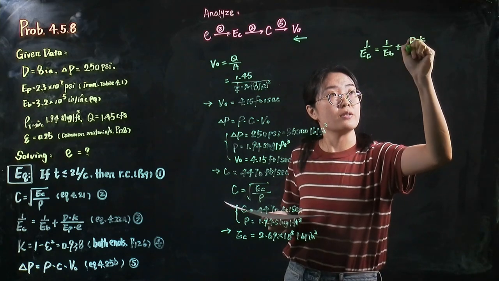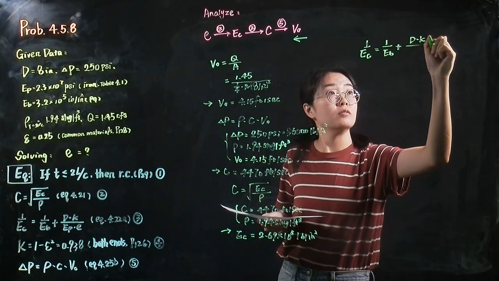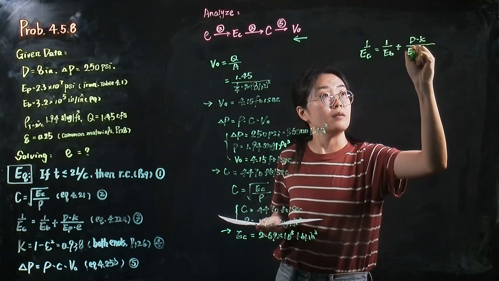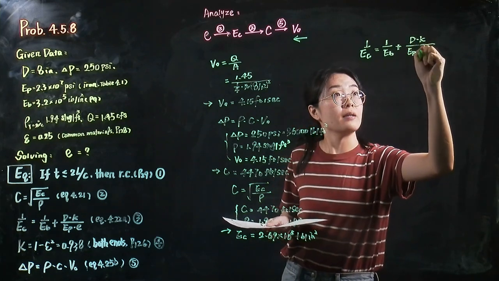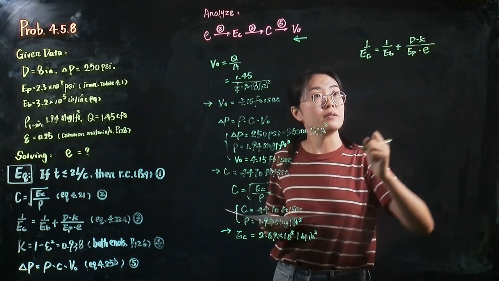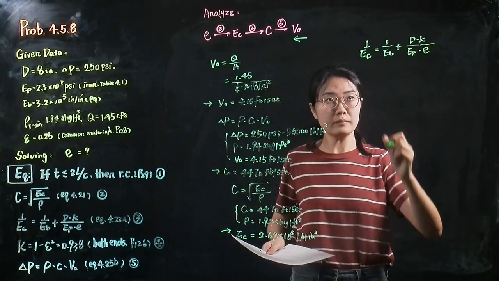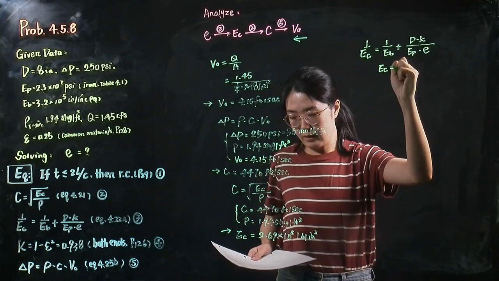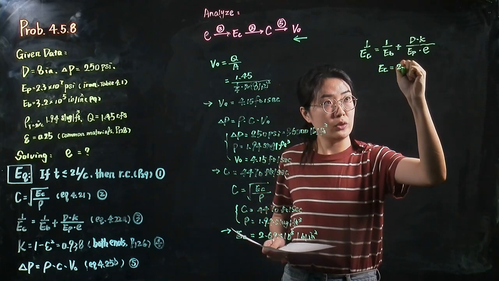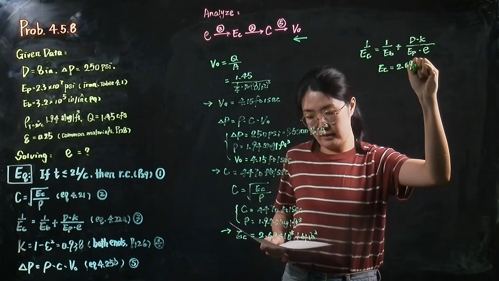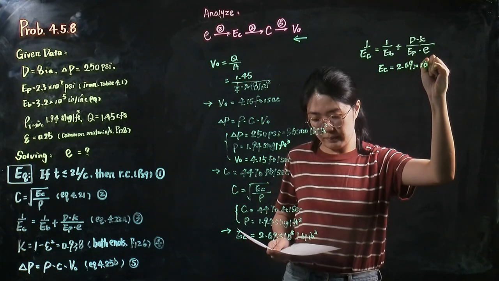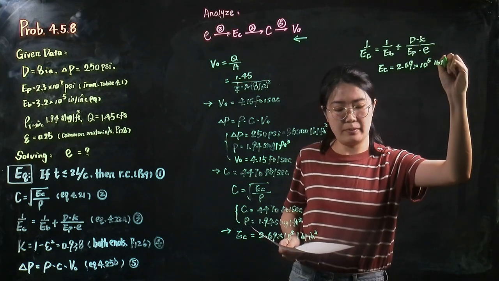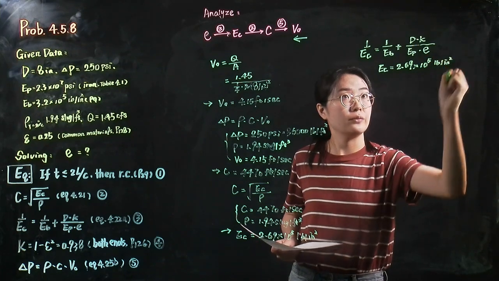Diameter times constant K over the elasticity of the pipe times the thickness. The composite elasticity of the system equals 2.69 times 10 to the power of 5 pounds per square inch.